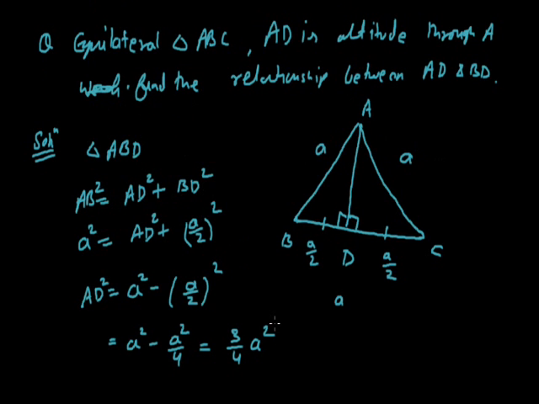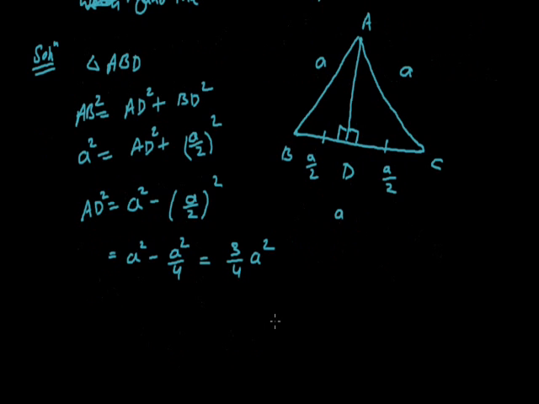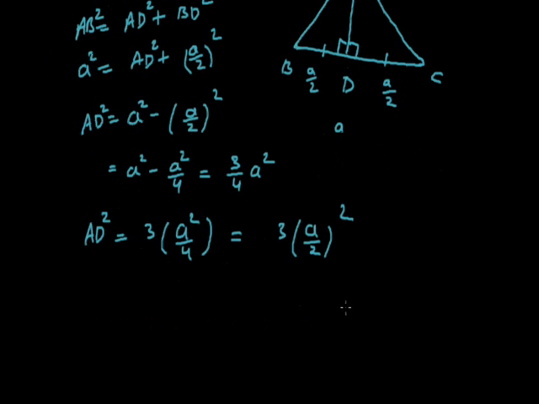So AD square is nothing but 3 by 4 A square, and we have to find the relationship between AD and BD. So AD square is equals to 3 A square by 4, which can be written as 3 times A by 2 the whole square, and A by 2 is nothing but BD.